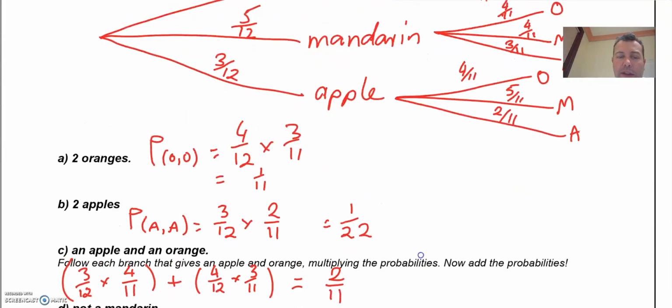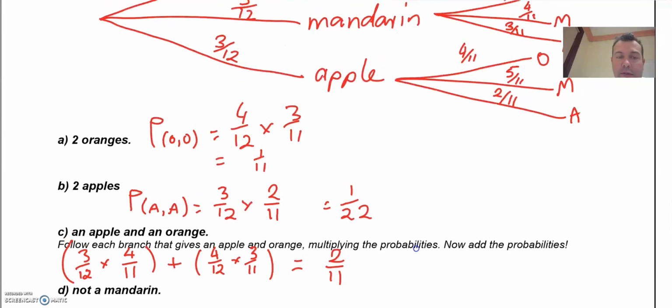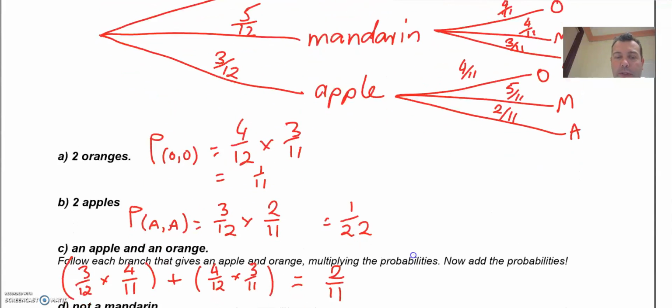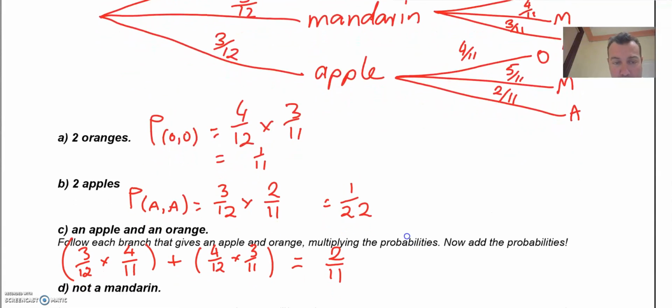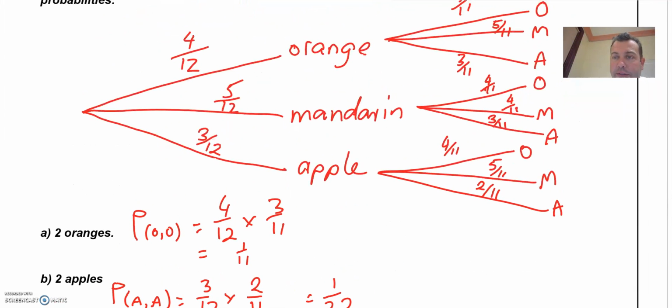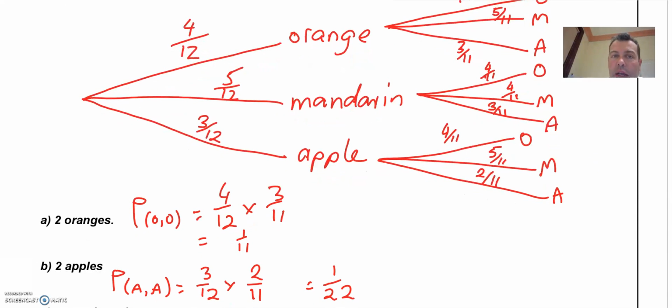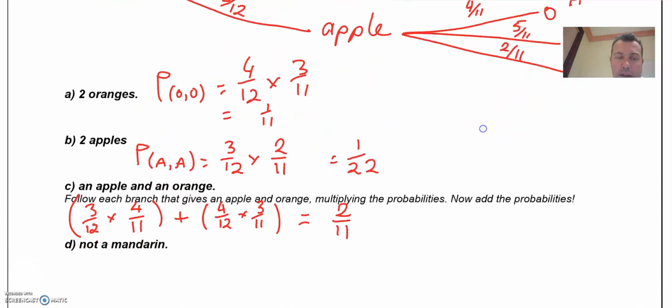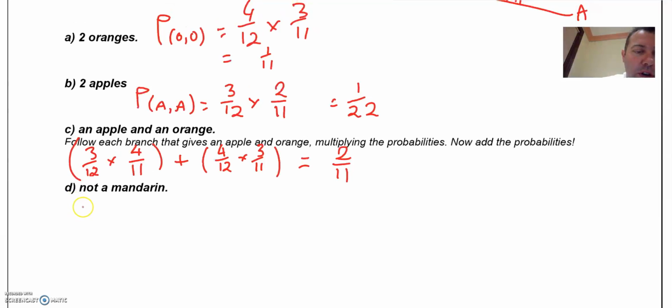Now, probability that I do not get a mandarin. Well, does that mean I get an apple and an orange? No, it could mean I get 2 apples. Could mean I get 2 oranges. Right, so let's look at all of the outcomes that do not include a mandarin. Well, is there a good way of doing this? I have orange first, so I've got 4 over 12, right?